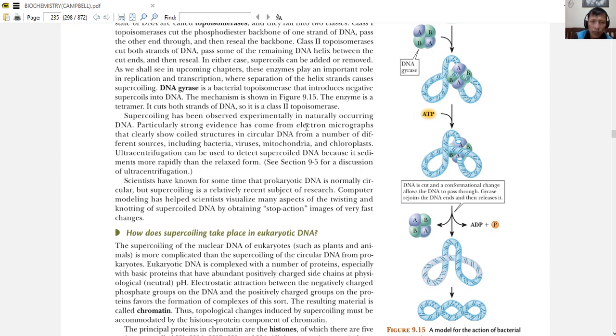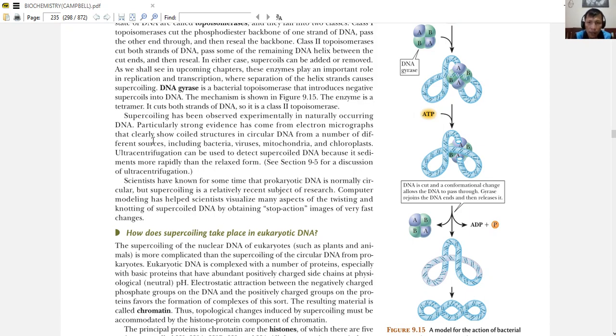They have evidence from electron micrographs that clearly showed coiled structures in circular DNA from a number of different sources. So if there is an established number of base pairs for every coiling and it is not observed, they can rule out the supercoiling. So they've already seen this with respect to monitoring some DNA.